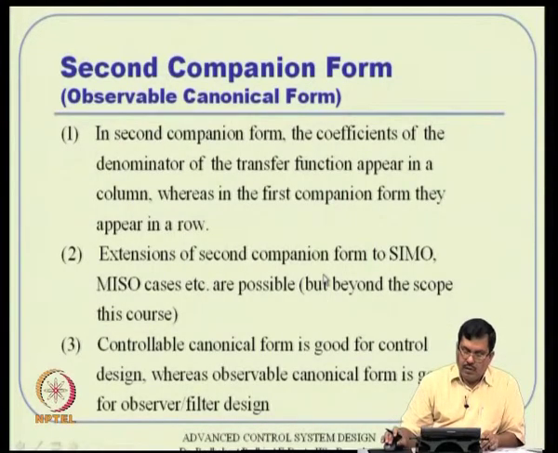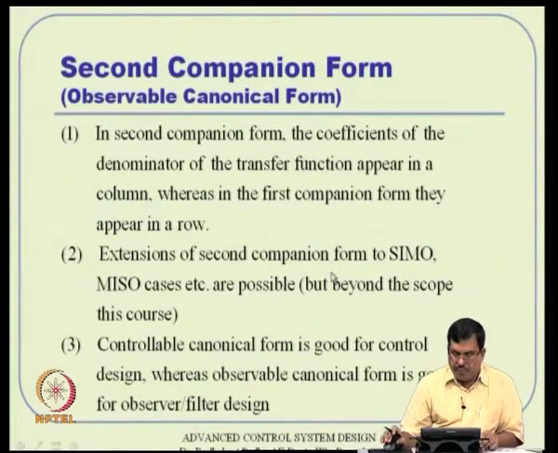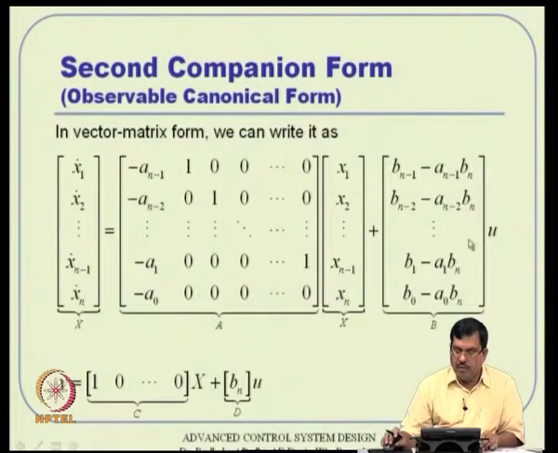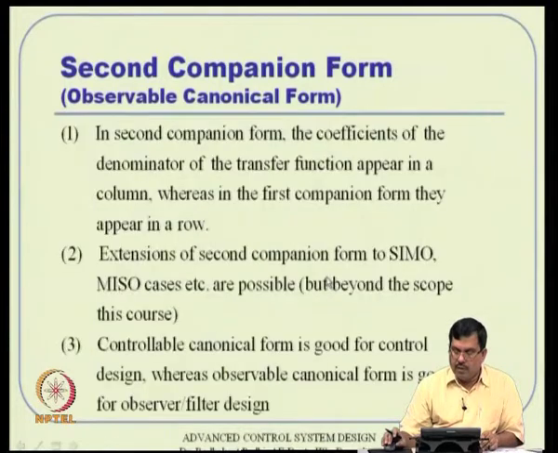Now, this first point I have already talked about, that they appear in a column instead of a row. An extension of the second companion form to single input multiple output case is possible. This particular form is possible to extend for single input multiple output as well as multiple input single output cases.